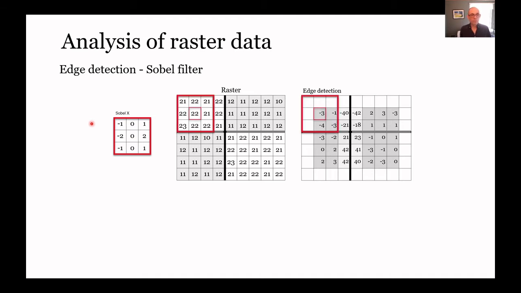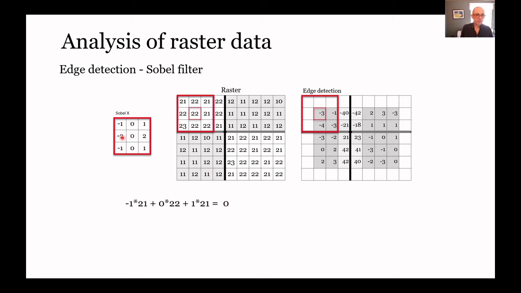in that when we put our kernel there, we're going to calculate a new value for this cell here, which is that one there, and we can see the result is going to be -3. But how do we get to that? Well, we take -1 times 21, 0 times 22, 1 times 21. Sum those up, it actually comes to 0.